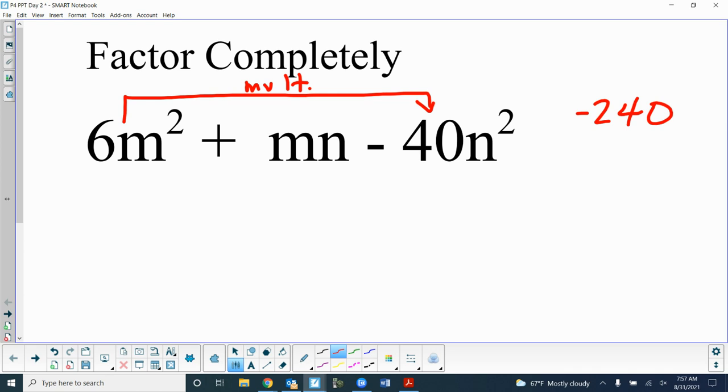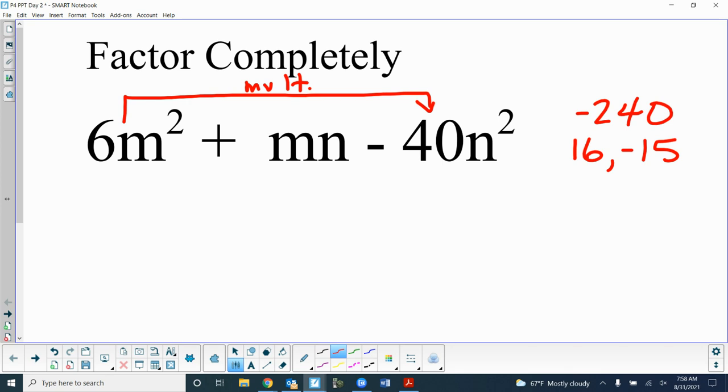So what are the factors of negative 240 that add up to positive 1? Are there any? 16 and negative 15. Oh, 1. Wow. So those are the 2 factors of negative 240 that add up to positive 1.